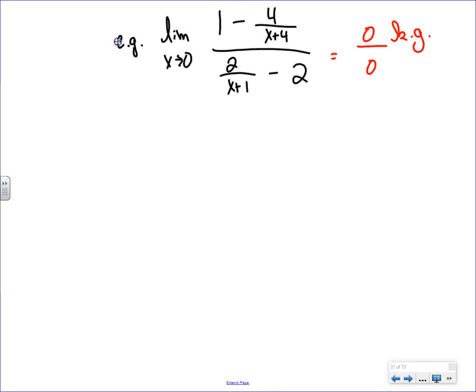Because like in this example, if we can just find that little stuck denominator, multiply top and bottom, things get a lot easier.